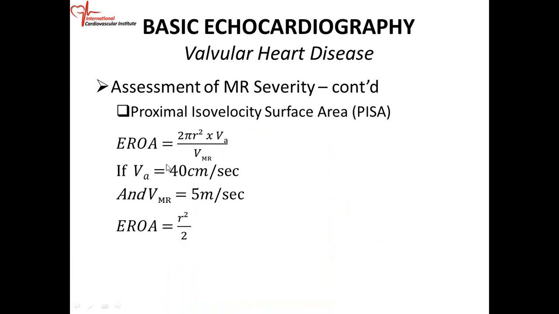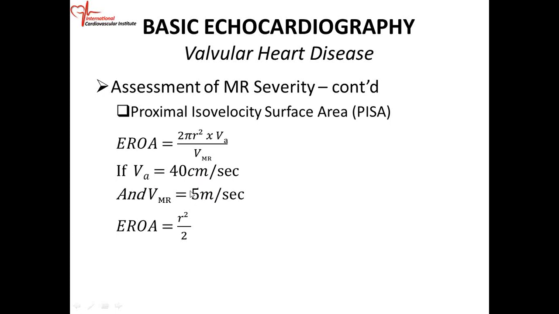You should try to do that adjustment, because if you can adjust your Aliasing velocity to 40 centimeters per second, and your mitral regurgitation velocity is 5 meters per second, which a lot of mitral regurgitation is about 5 meters per second, then the numbers are exact.